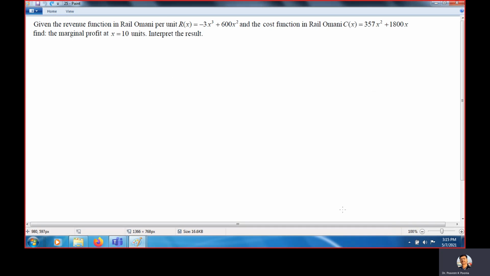But if we choose the third question, what is this? Here it is not giving the cost or revenue, here it is directly giving the revenue function. So in this question, the revenue function is given, means R x is given. So it is minus 3x power 3 plus 600x power 2. This is clear. So what is the marginal revenue?